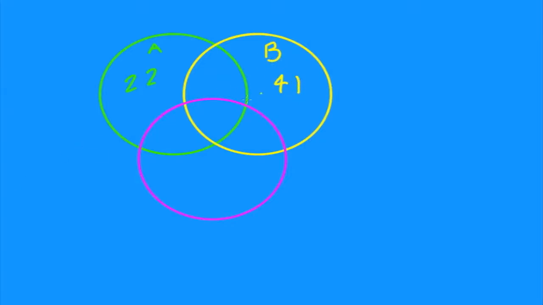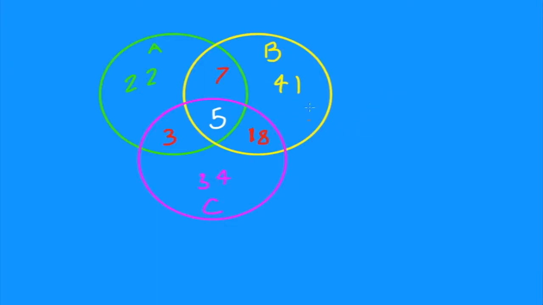We have 41 on B. Our C here is going to have 34, and now we're going to have 18 that are in B and C, and we're going to have 3 of them in A and C, and we're going to have 7 in A and B, and we are going to have 5 in all three of them.